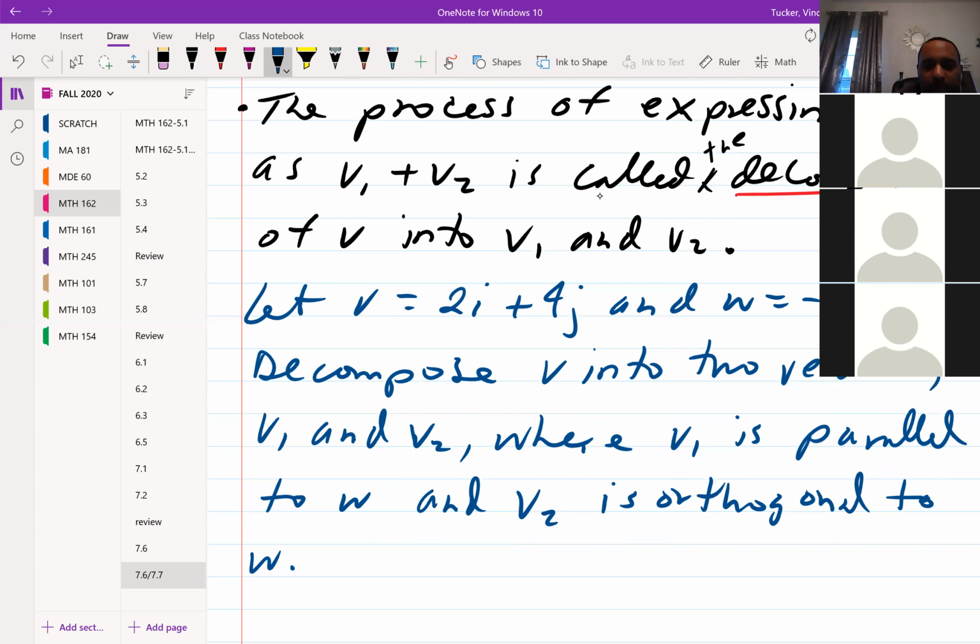Let V be equal to 2i plus 4j, and let W be equal to negative 2i plus 6j. Decompose V into vectors V1 and V2, where V1 is parallel to W and V2 is orthogonal to W. I'll give you a chance to write before I get started.